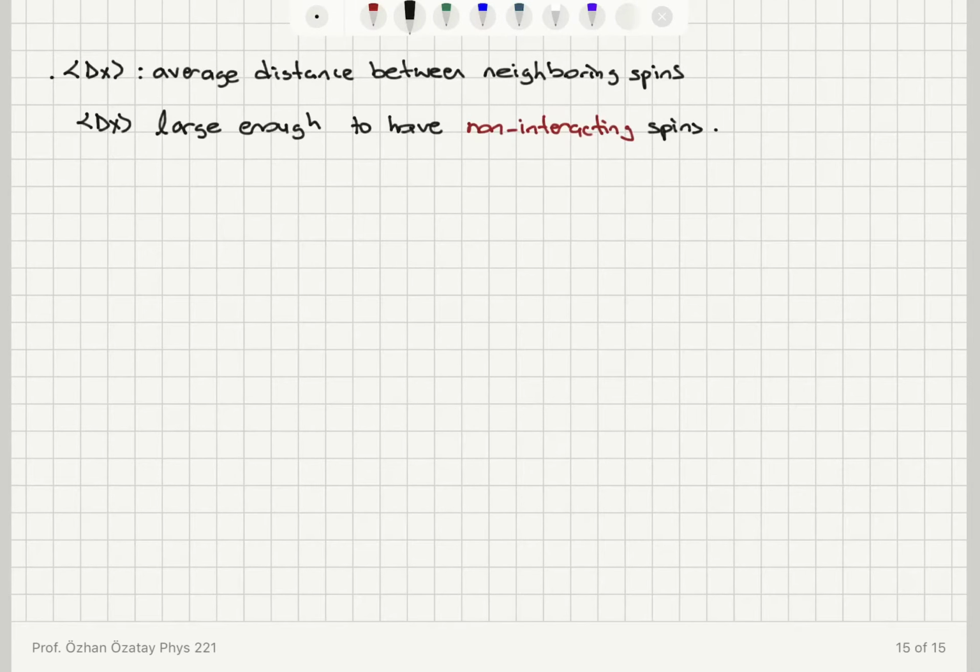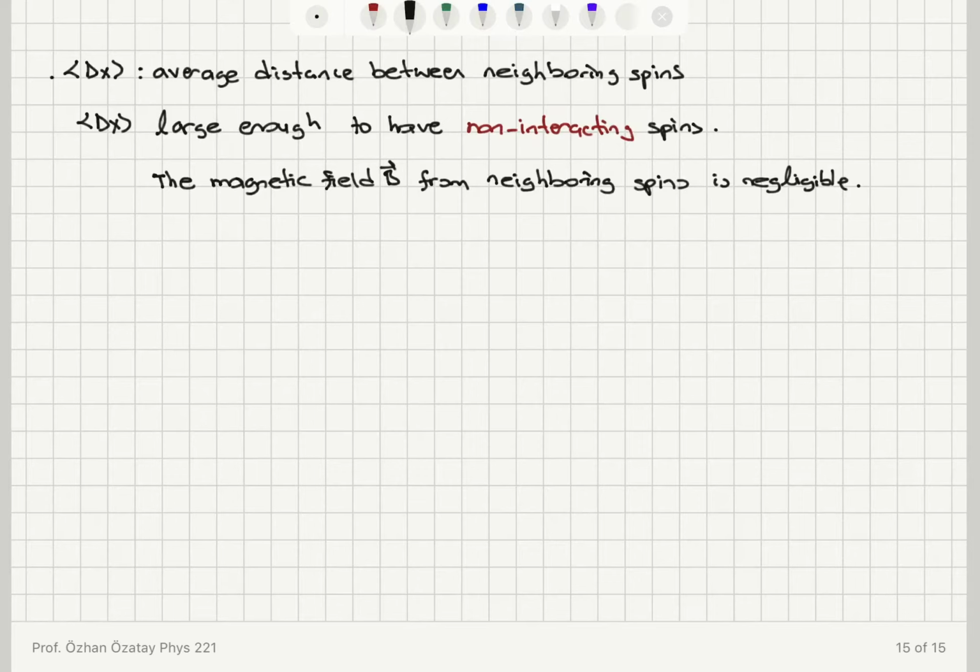Okay, so the important thing here is that the magnetic field B from neighboring spins is negligible.